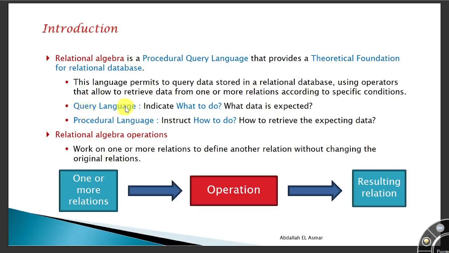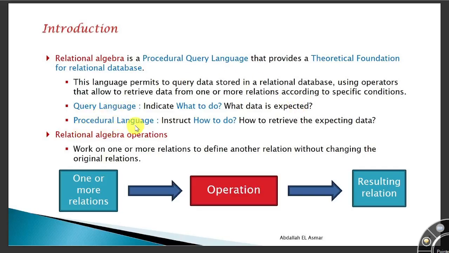Basically, a query language indicates what to do and what data is expected. So it's about data, okay? What to retrieve, and which parts of the tables or relations we require.